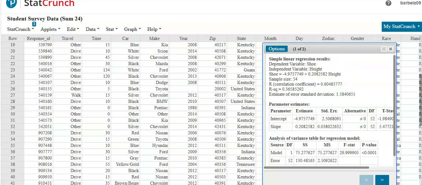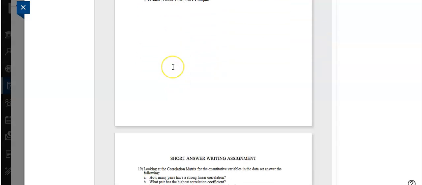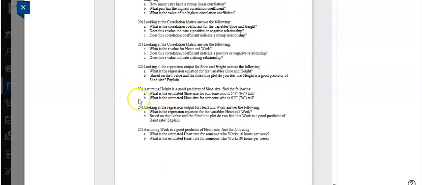As I get ready to answer the question back here, 23, I am simply going to put 64 inches in for x in that equation and put it into my calculator. Now I'm just going to do that in the email because my video is running out of time. And that'll give you the idea of what to do for 23 and 25, where you're just going to do it for two different variables.